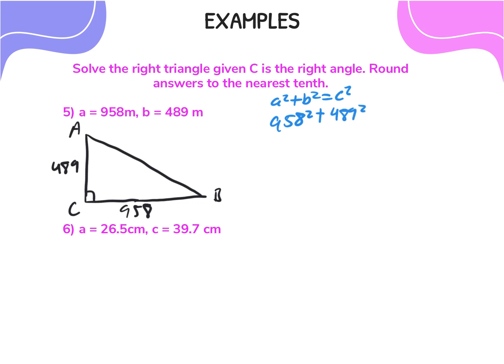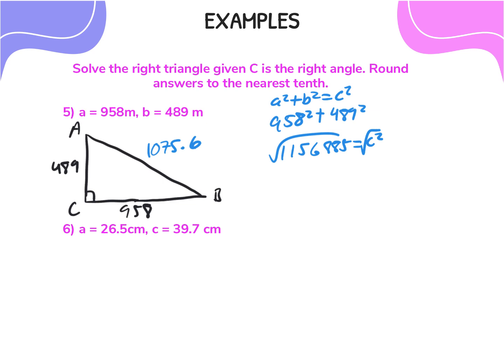If you plug that in your calculator, you're going to get a big number, 1,156,885, and that's my C squared. Then you just square root that to get your actual C value. If I take the square root of this, I get, to the nearest tenth, 1075.6.